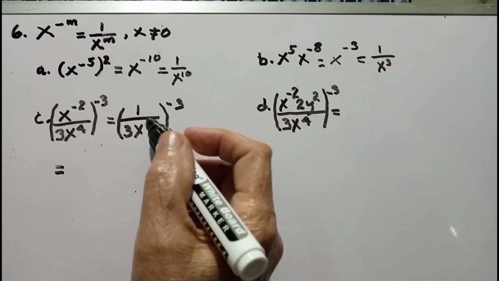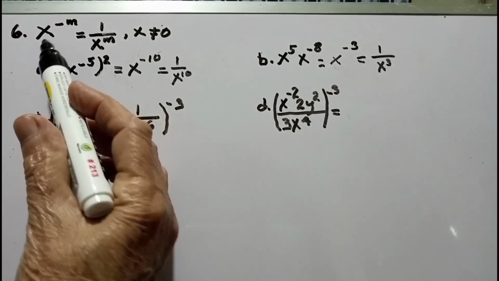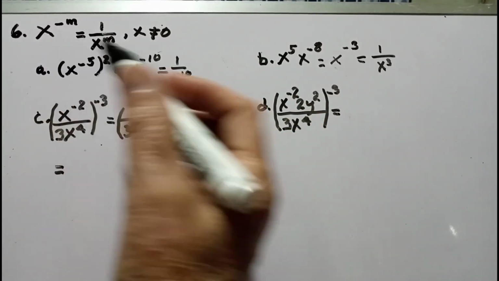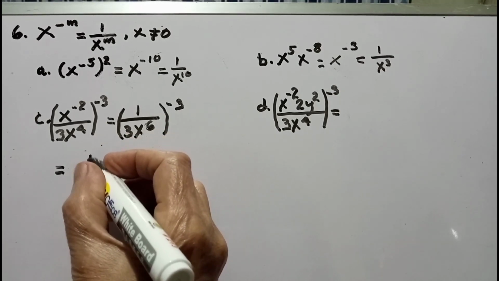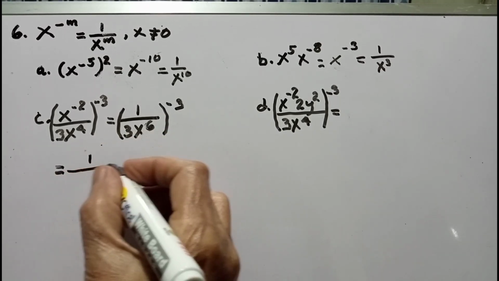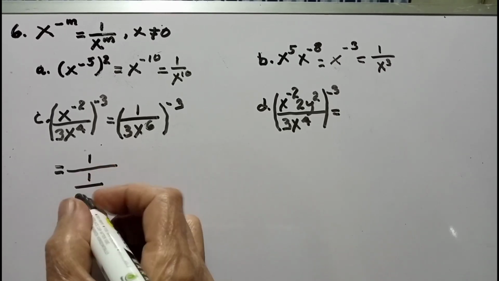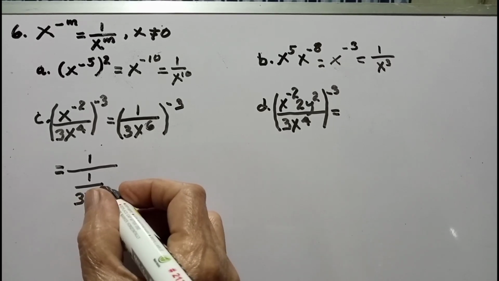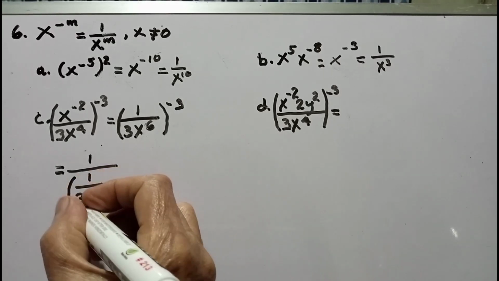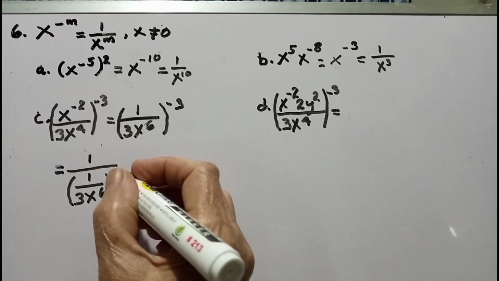Take note that this term here is our x. So by definition, this will now become 1 over 3x to the 6, and then this negative now becomes positive.